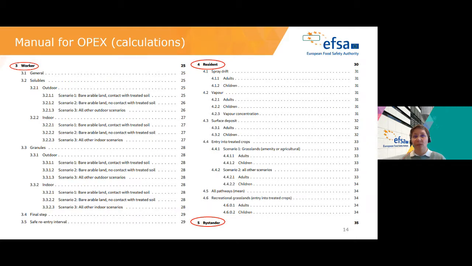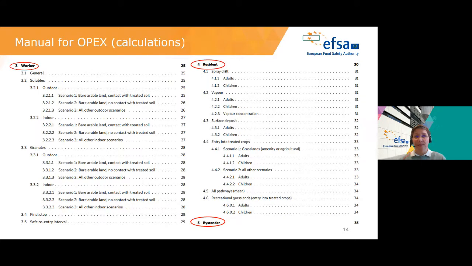For worker, you see the different scenarios available, and for resident as well as bystander, you have the same four exposure pathways as in the previous calculator: spray drift, vapor, surface deposit, and entry into treated crops, as well as recreational exposure as a separate scenario.